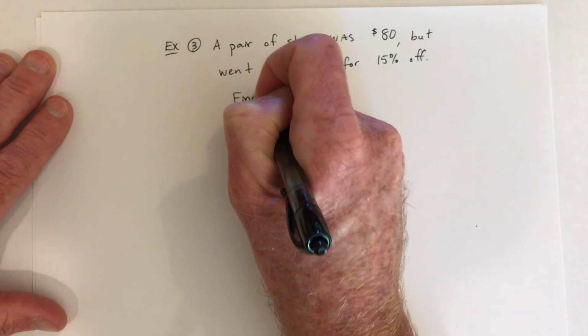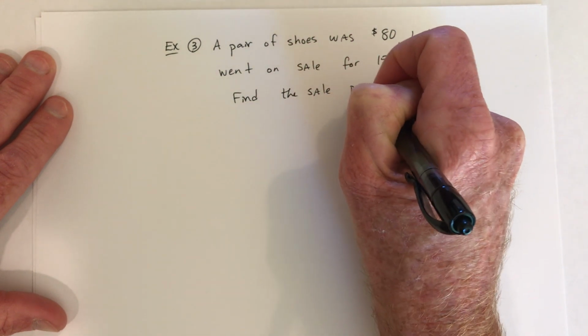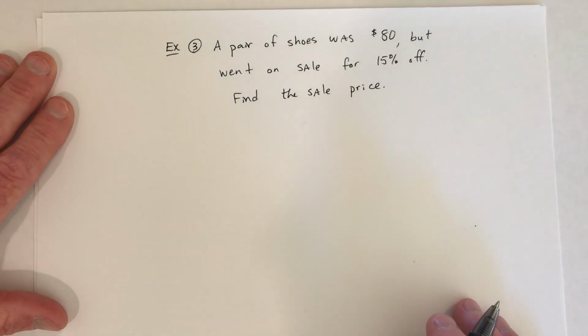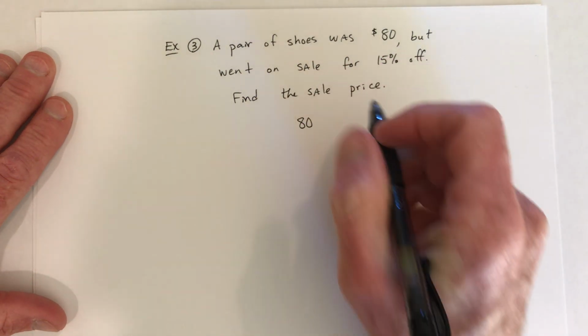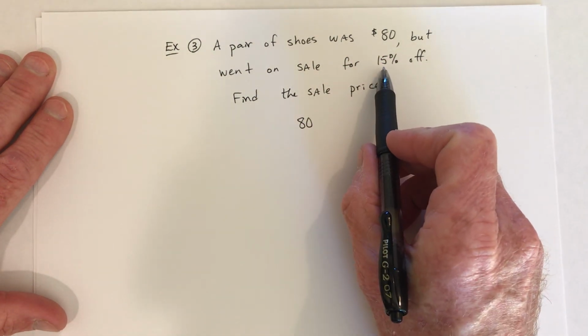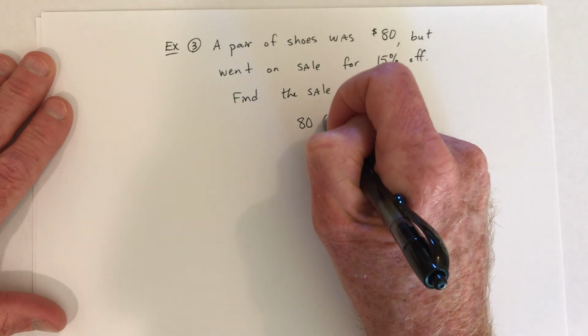Then find the sale price. So if it's $80, then change 15% to a decimal, which is going to be 0.15, and then multiply with 80.